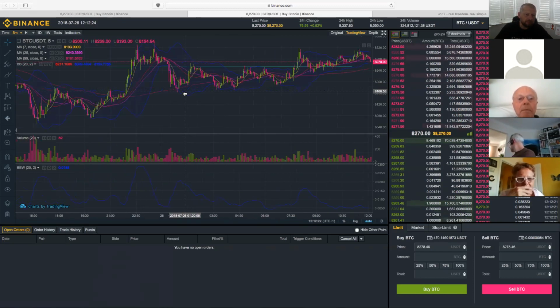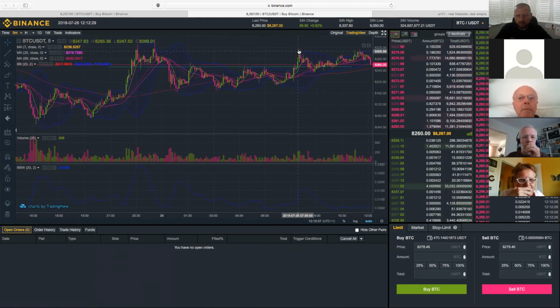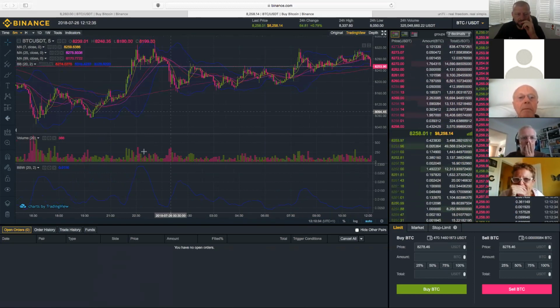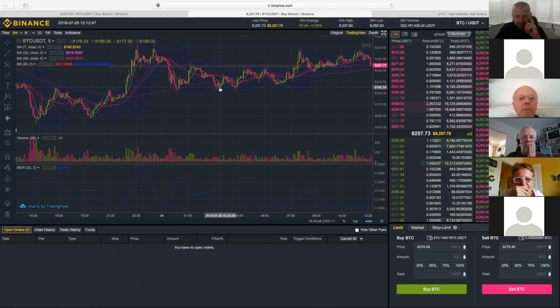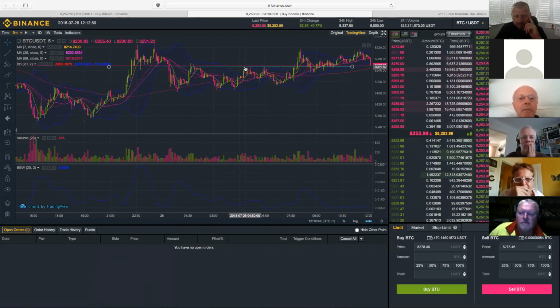So what have we got? Well, you see this big candle here and this candle here. You've got this candle here and this candle here. So these are recent highs, especially in the last probably 12, 24 hours. If this candle hit its head and got batted back down again, and this candle hit its head, got batted back down again, this candle hit its head and got back down again, and this candle hit its head and got back down again, is it fair to say there's another possible resistance line here?